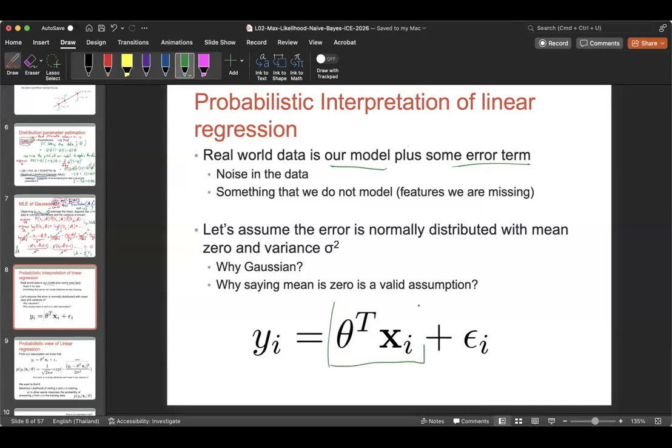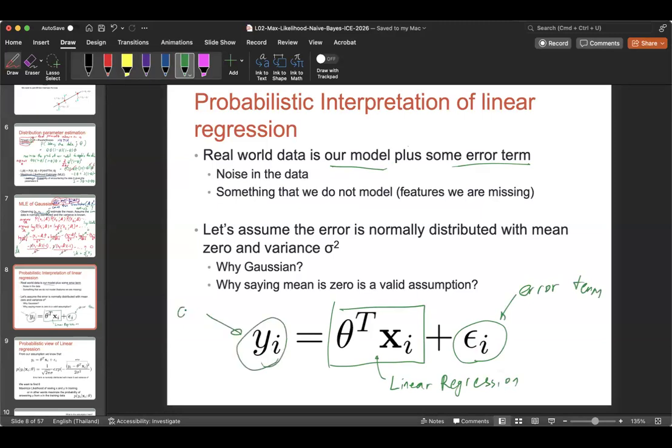We have some model, so this is our model of the world, our linear regression. And we have some error term, and this is our ground truth. So this will be our view of the world now.